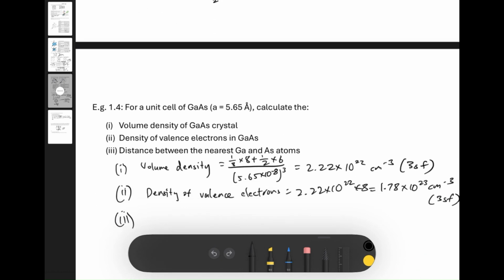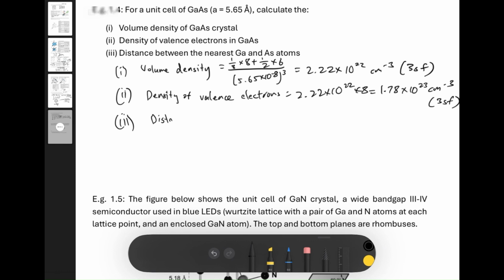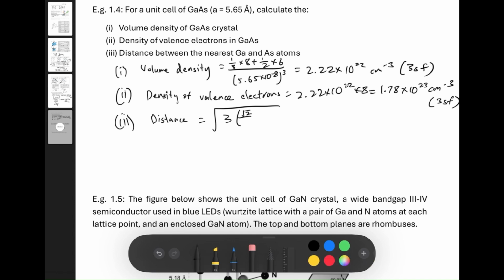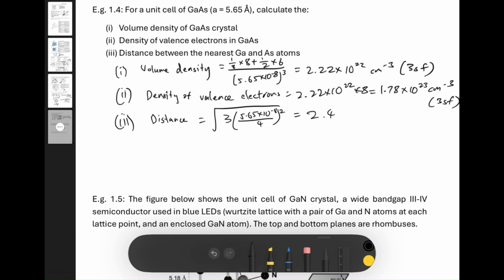So the distance between the nearest atoms is equal to square root of 3 times a over 4, so it's equal to square root of 3 times 5.65 times 10 to the -8 over 4, and this is equal to 2.45 times 10 to the power of negative 8 cm to 3 SF.